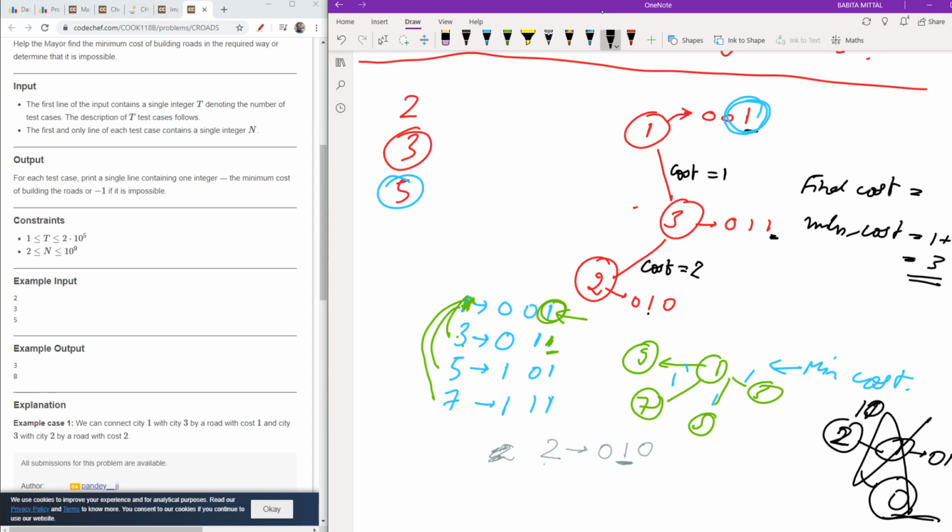It is not allowed because it is stated in the question that the minimum cost between the path should not be 0. So basically I don't want this thing. Now back here, if I have 2, it can be represented as 0 1 0.